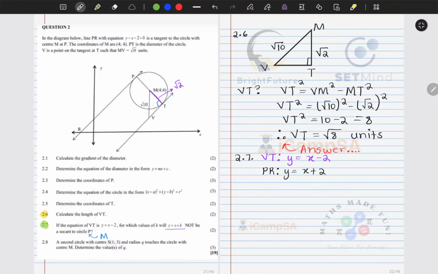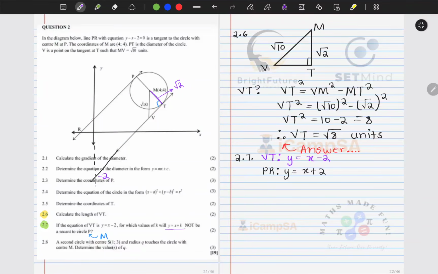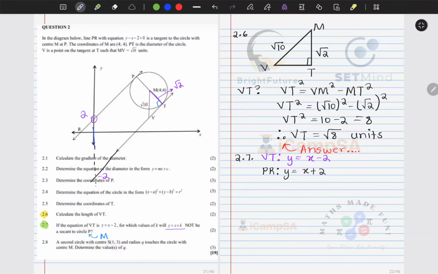If you think of it carefully, just use your imagination. What you have is minus 2, then 2. If we have any k value in between these two, our line will definitely be a secant, meaning it's going to cut.